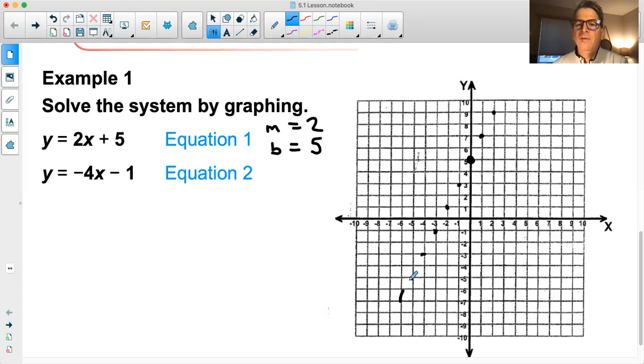This is going to be our equation 1. I tried to draw it as straight as I can. I could use a tool with the smartboard, but that would be equation 1.